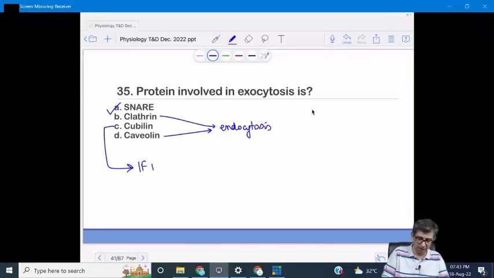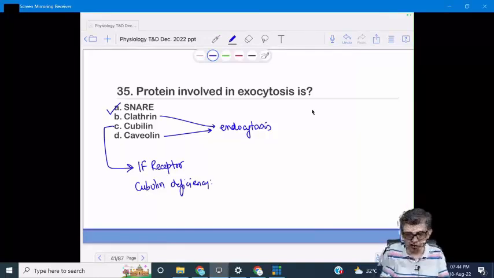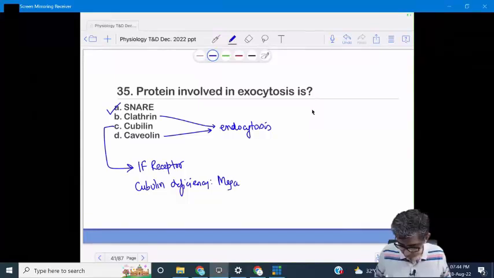So if there is a deficiency of cubilin, again the patient would be having megaloblastic anemia. Cubilin would be present in the terminal ileum. Cubilin deficiency in a person can trigger development of megaloblastic anemia.